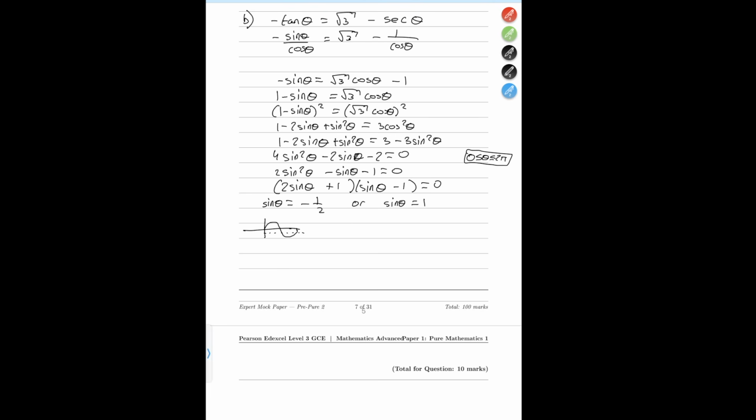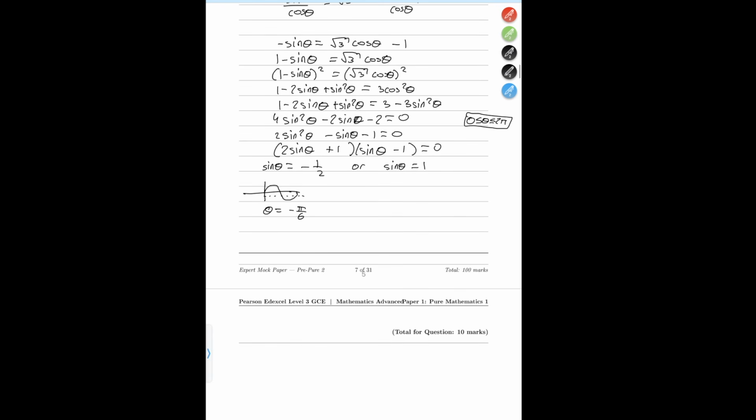So let's use our inverse function on our calculator. Yep. So you should get theta is minus pi over 6. You should actually know that. So you should get minus pi over 6. Now you can do pi minus a solution to get your repeated solution for sine.